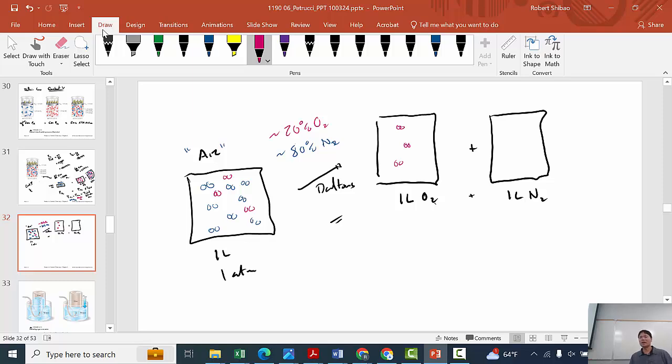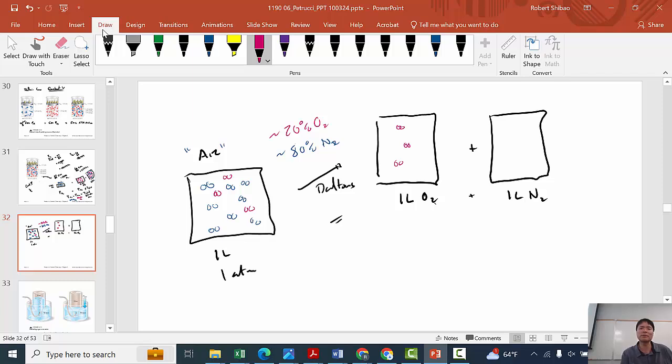If I remove all the oxygen out of there, what's going to happen to the pressure? The pressure is going to go way down because you don't have the blue molecules colliding. So what do you think the pressure is going to be? I picked the mole fraction or the mole percentage easy to make it easier to calculate the pressure.